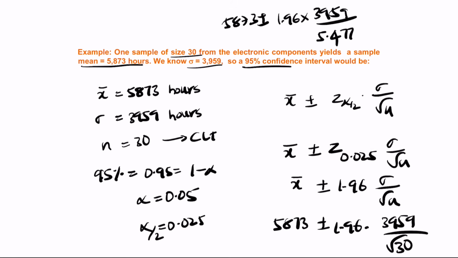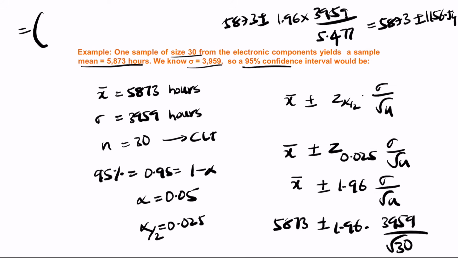So let's try and calculate now. 1.96 times 3959 divided by 5.477 equals, so you get a value of 5873 plus or minus 1156.54.